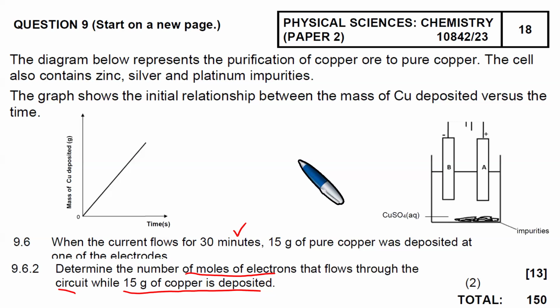Okay, I think the thing that we are going to do is apply the equation n is equal to m over capital M. So you think that we're going to use the equation that says n is m over big M, which is number of moles is mass over molar mass.